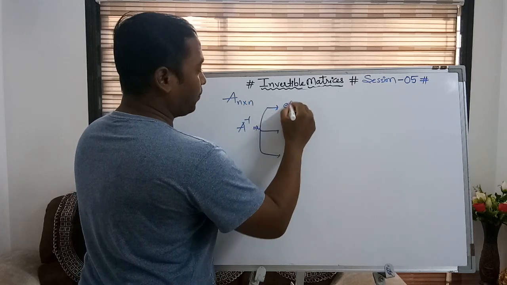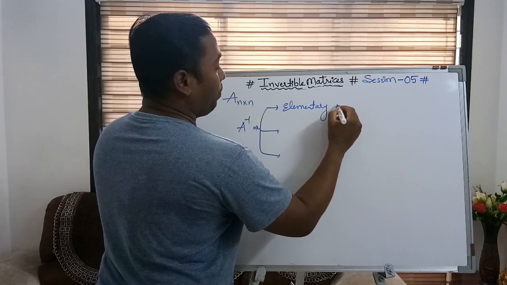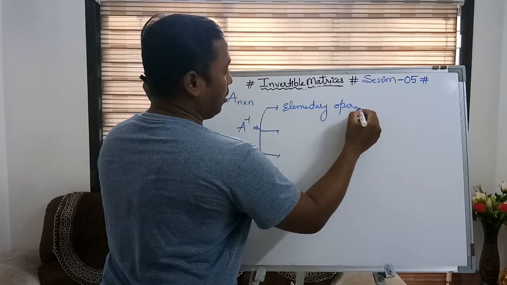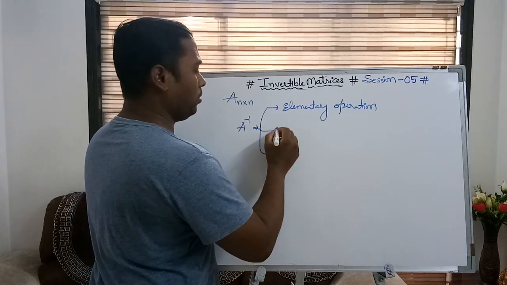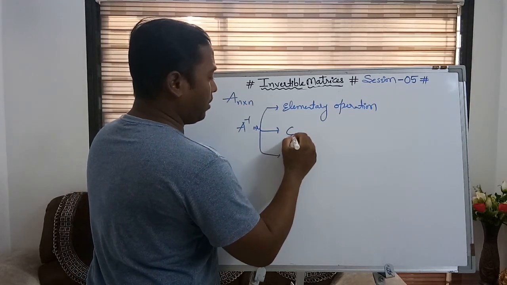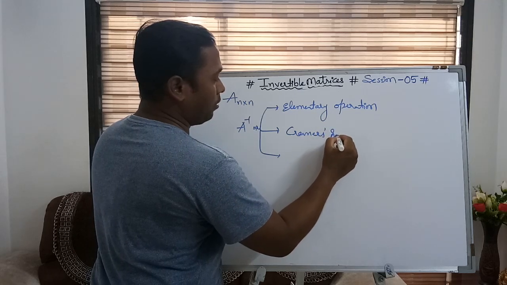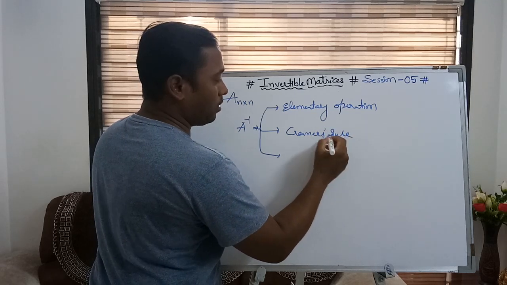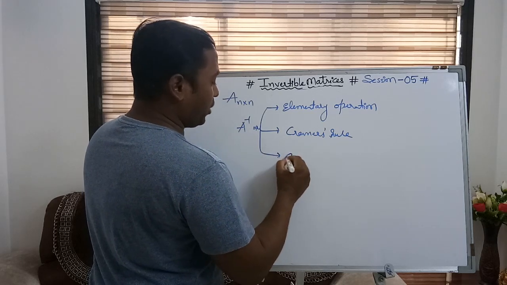One is elementary operation or transformation. Elementary operation. Second is the Cramer's rule, determinant method, Cramer's rule, named after the mathematician. And then third is adjoint method.